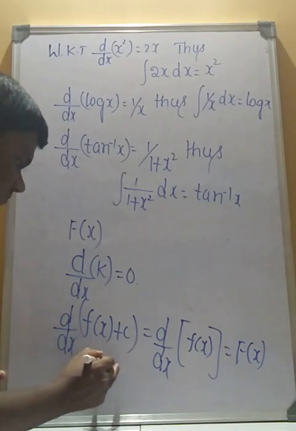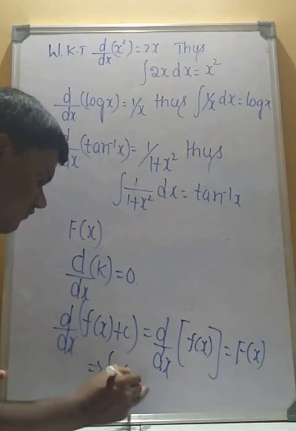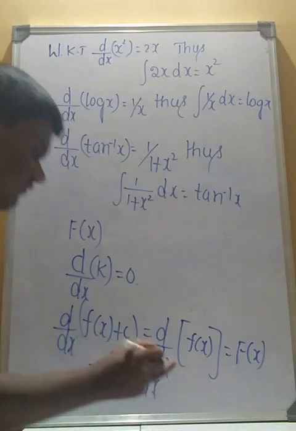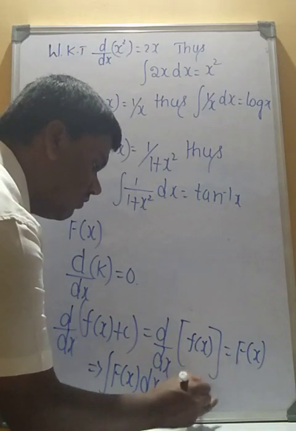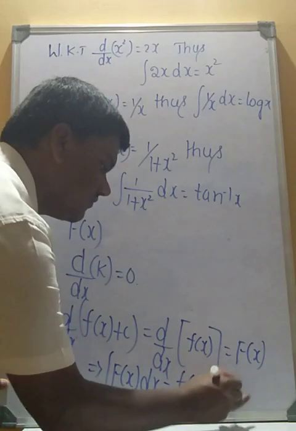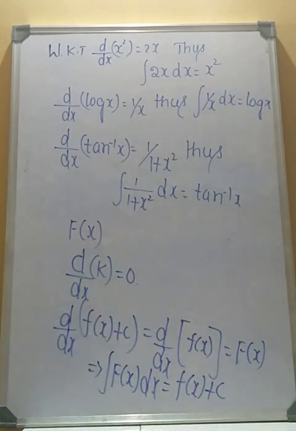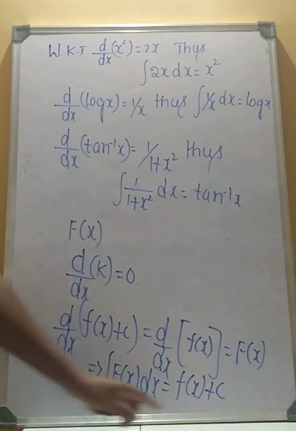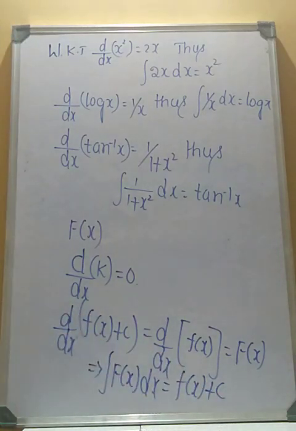This implies integral of the function capital F of x is equal to small f of x plus c, where c is a constant of integration. The constant c is called a constant of integration.